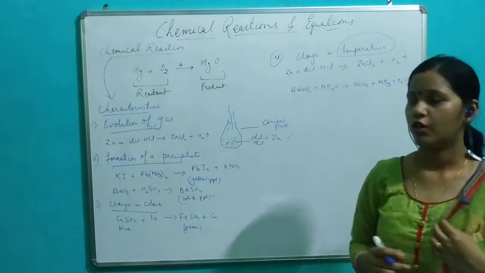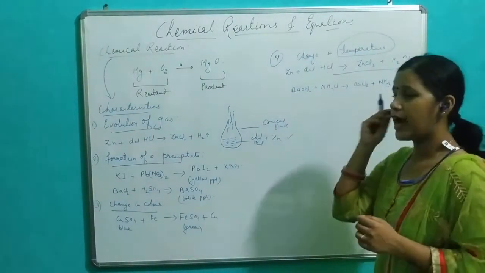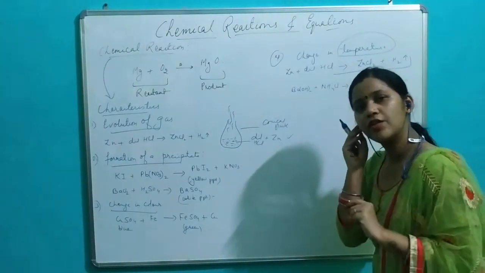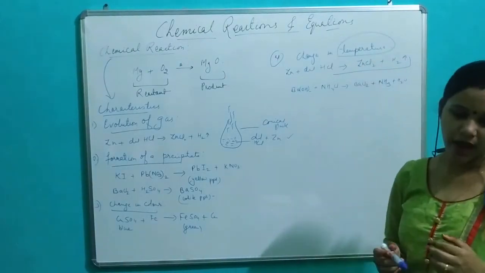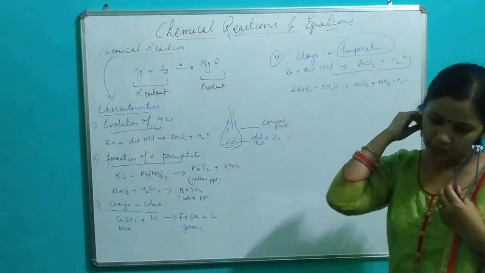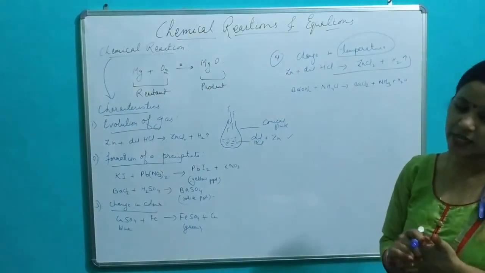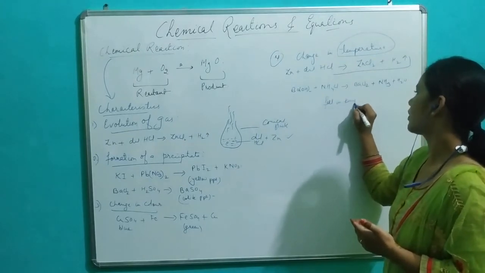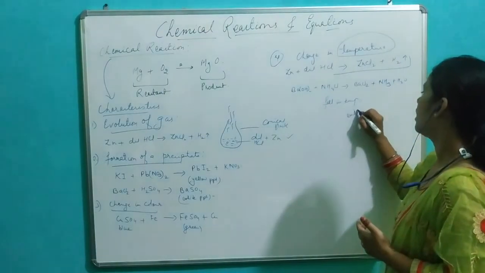In the first case, when zinc is added to dilute HCl, ZnCl2 is formed and we can observe that the test tube becomes warm. But in the second case, when barium hydroxide is added to ammonium chloride, we observe the formation of barium chloride, ammonia and water, and there is a fall in temperature because it is an endothermic reaction.